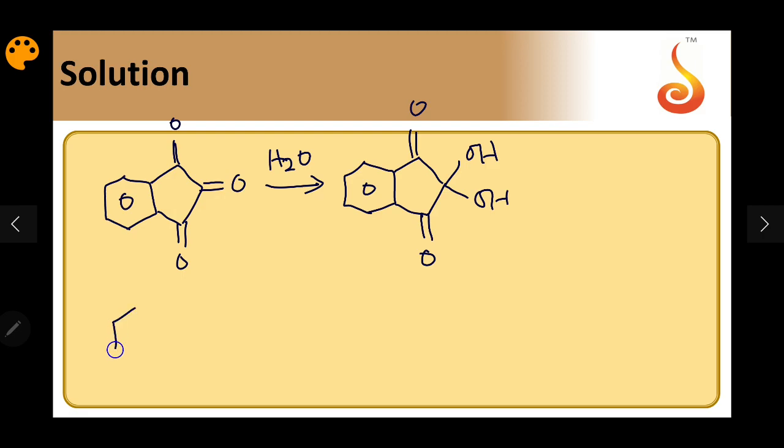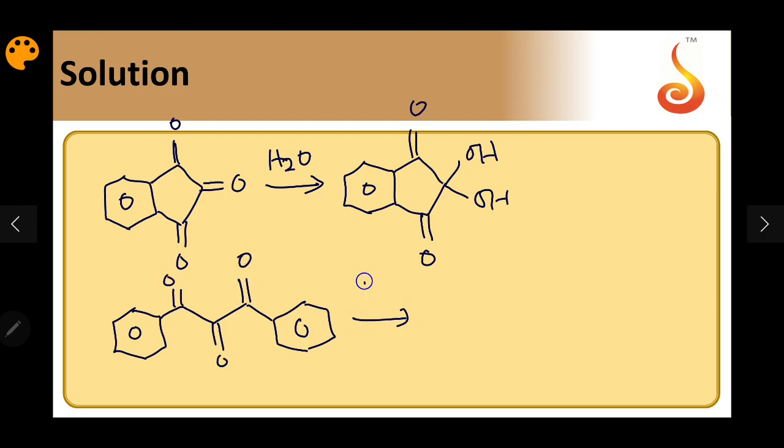The second compound also in the same way, this is a triketone. So again the middle ketone will become a gem diol.